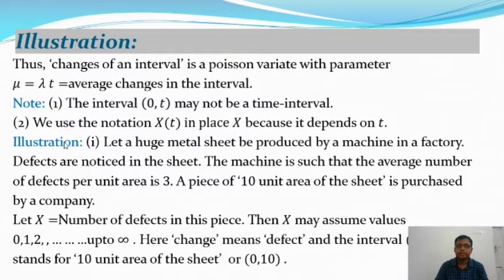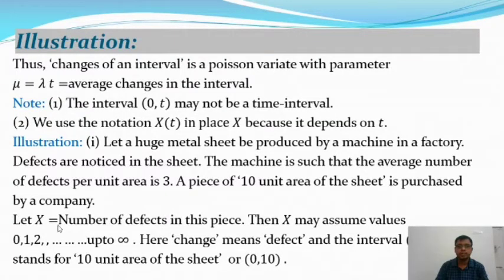So I will take an example of the cases where the Poisson distribution is fitted. Let a metal sheet be produced by a machine in a factory. Defects are noticed in the sheet. The machine is such that the average number of defects per unit area is 3. A piece of 10 unit area of the sheet is purchased by a company.